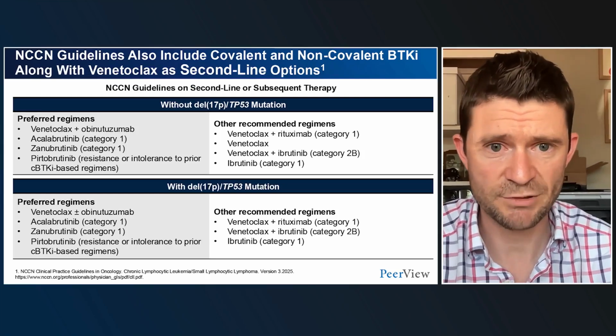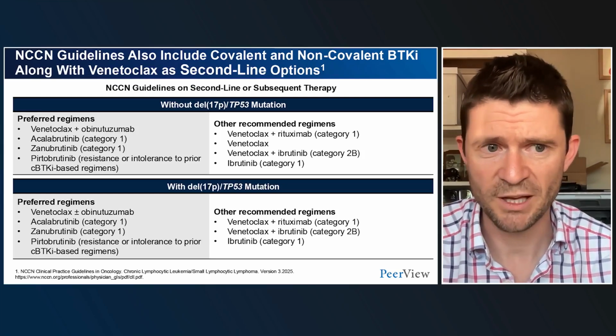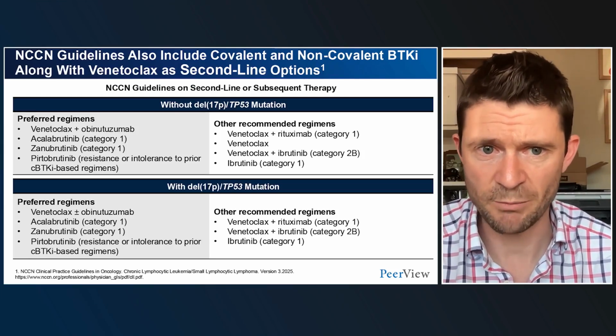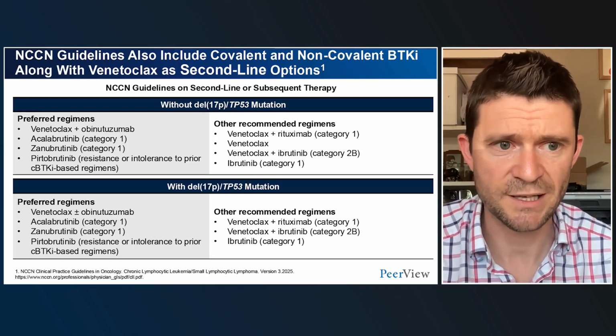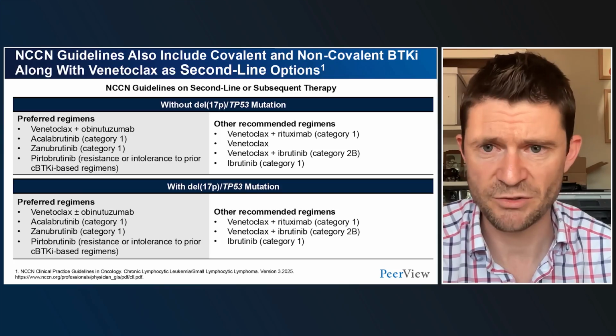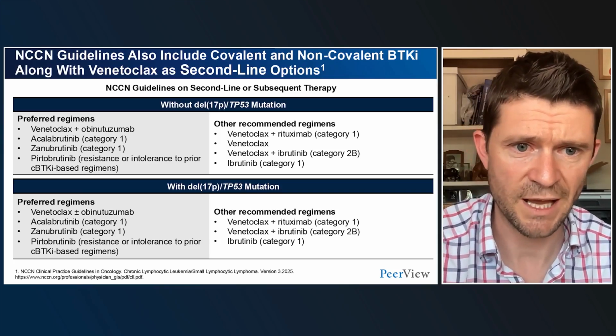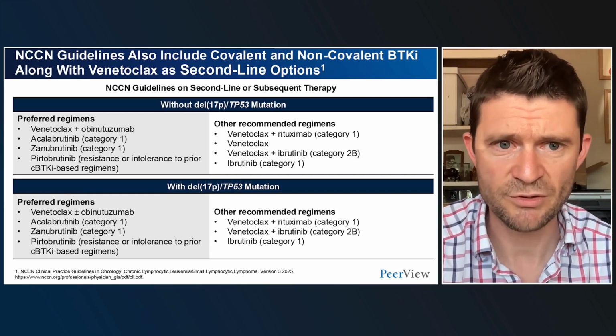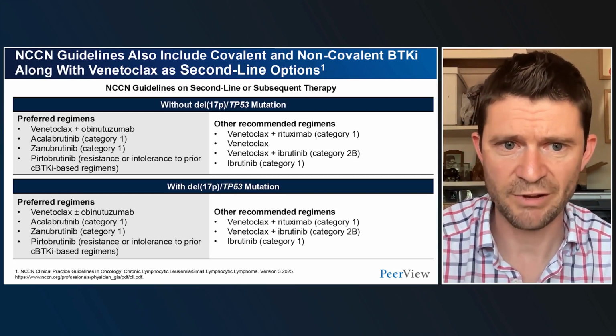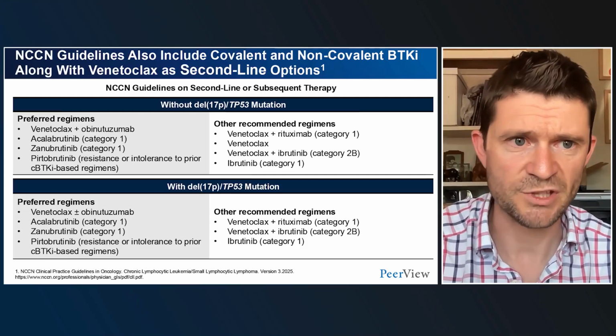In the relapsed refractory setting, again, the sequencing of therapy describes a number of options, as we'll talk about later, with pirtobrutinib there in patients who are resistant or intolerant to prior covalent BTK inhibitors, both in those who do or don't have a TP53 deletion or mutation.